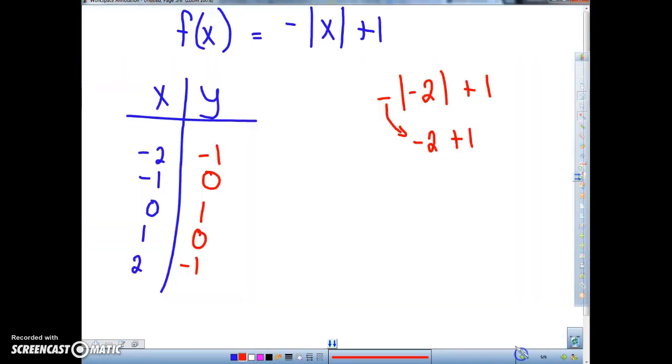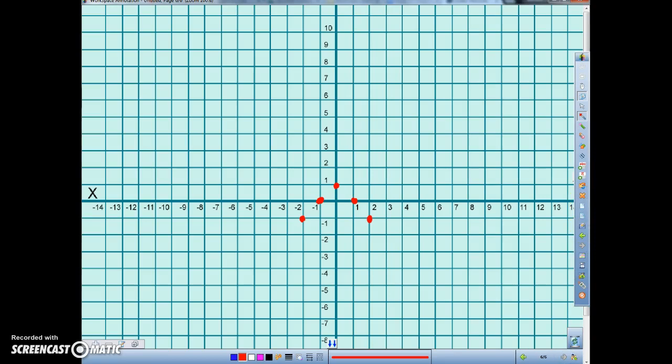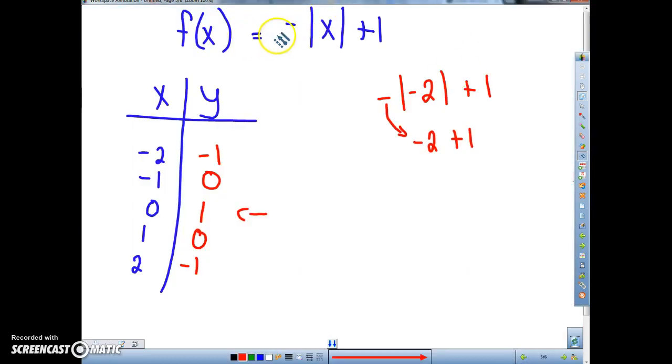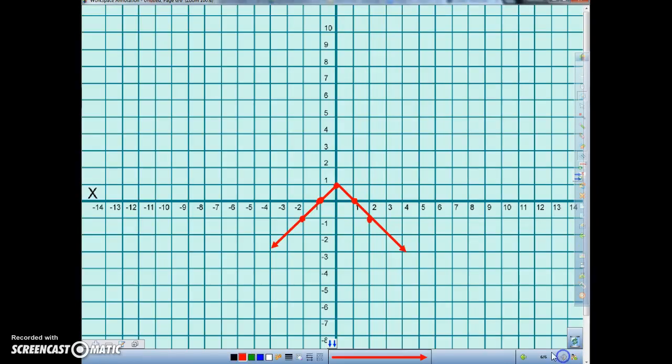And if you notice from the t-chart, you can tell your turning point, our middle value, because the values are the same on both of the other sides. And that's when you know you have found your turning point. So graph it. Hopefully you've noticed on this one, it's facing upside down. And so what happened was this negative sign flipped your graph. The negative sign in front flips the graph.